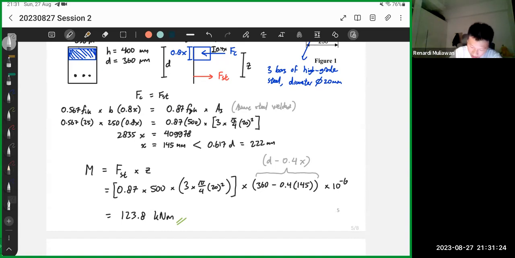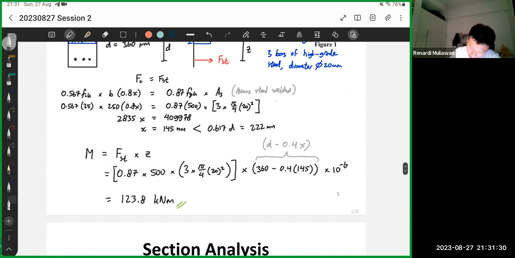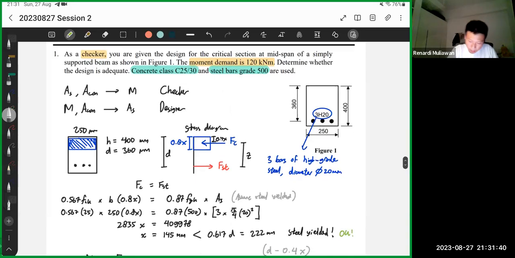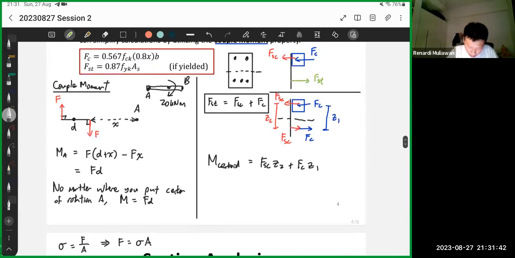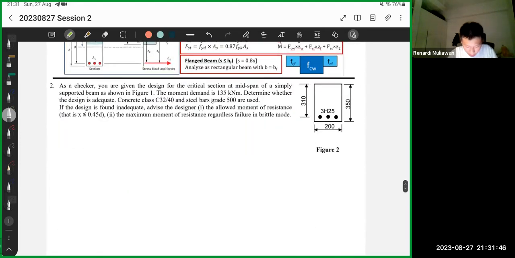So that's less. If it's less, then it has yielded. So steel yielded. So this one is okay. So our assumption is right. Okay. Yeah. So done. Let's do the next question.